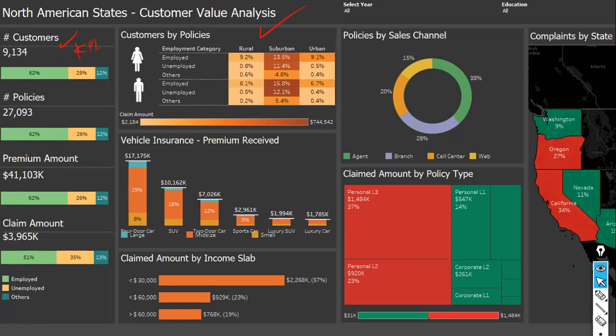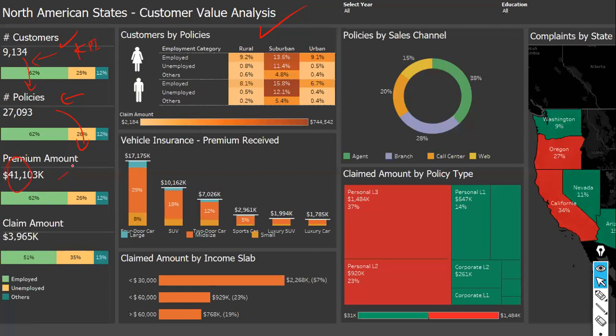This is an insurance company. As a vice president of this insurance company, you are looking at the number of customers we have at present, 9,134. How many policies they purchased? 27,000. Next, how much premium amount we collected? 41 million.